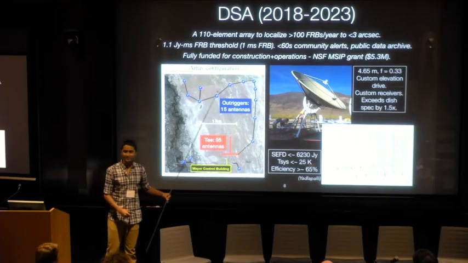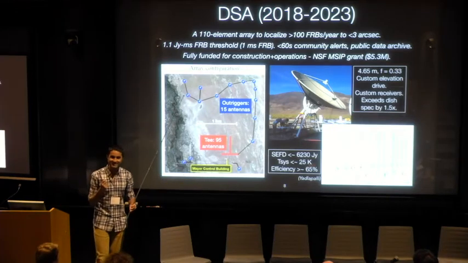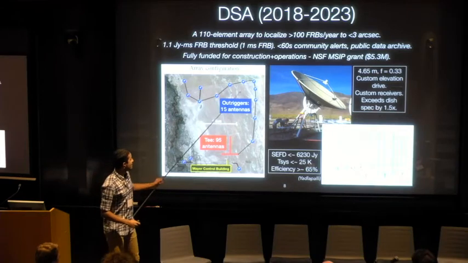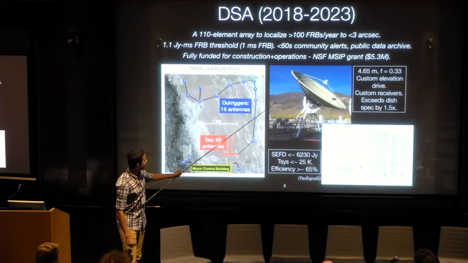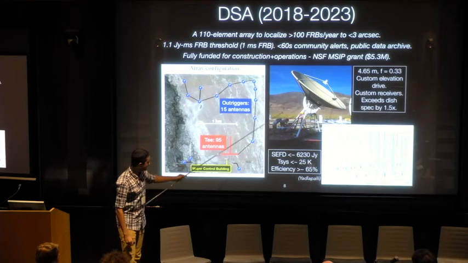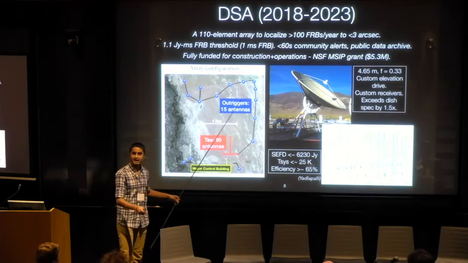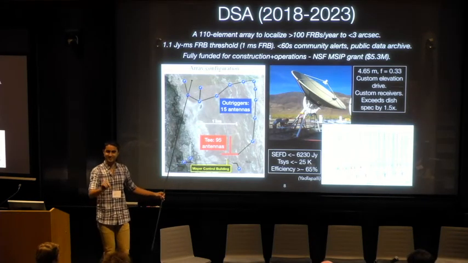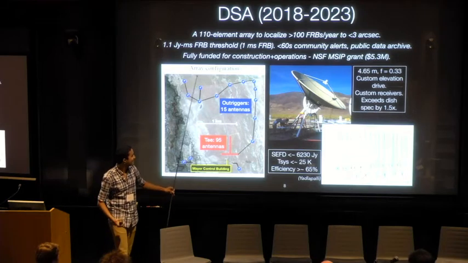It looks rather nicer than the previous dishes that we had. A few features: we designed a movable mount in elevation only, so we can actually tell it to go to an elevation. It's rather a luxury for us.